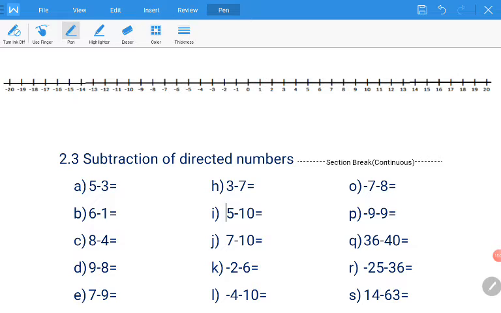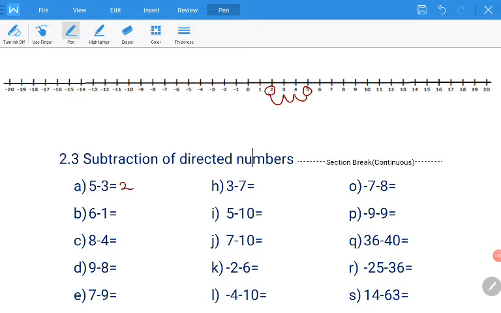Now, if we are subtracting, it means we are moving to the left. So 5 minus 3 on our number line, we go to position number 5. Then moving 3 steps back, that's 1, 2, 3. So here the answer is 2. So 5 minus 3 is 2.